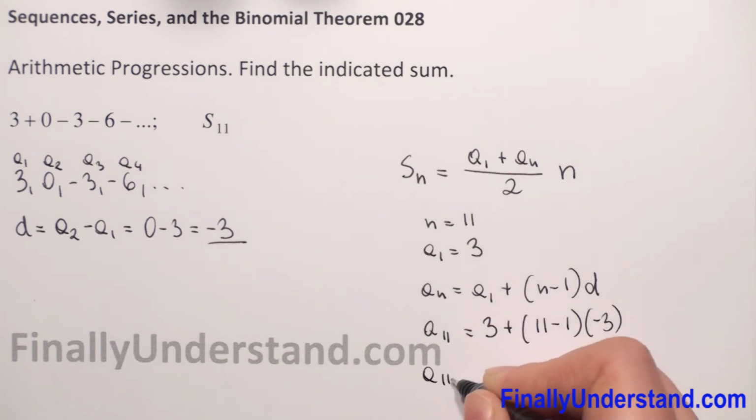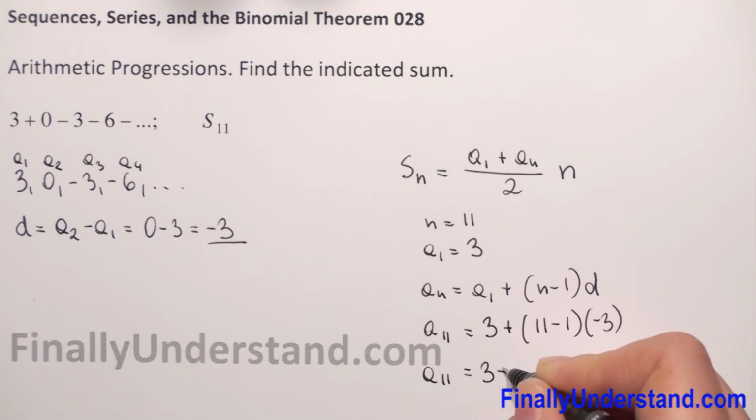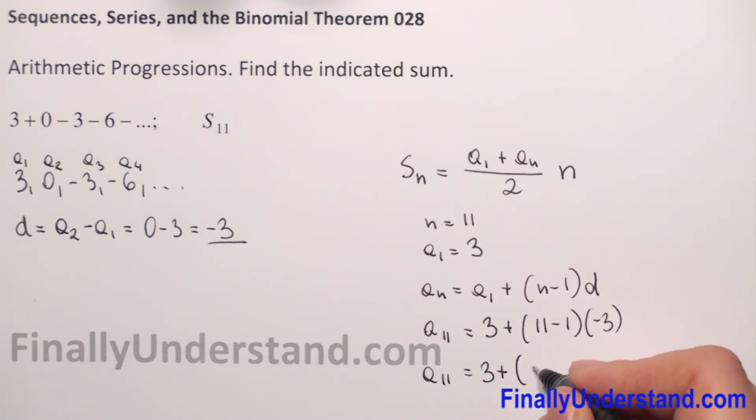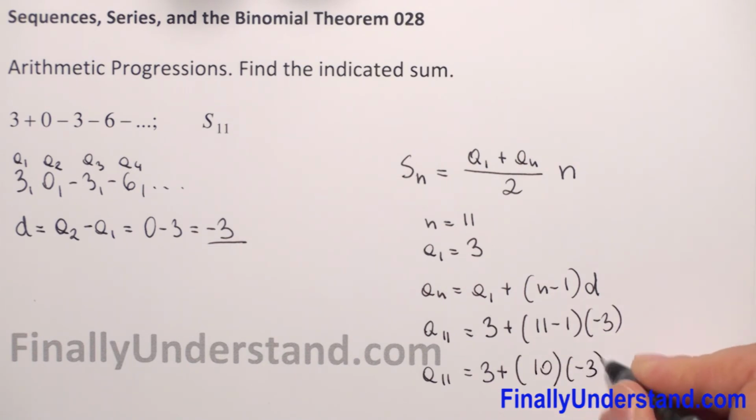So a11 is 3 plus first the operation in parentheses, 11 minus 1 is 10, times negative 3. Next we have to do the multiplication first. 10 times negative 3 is negative 30. So this is equal to negative 27.